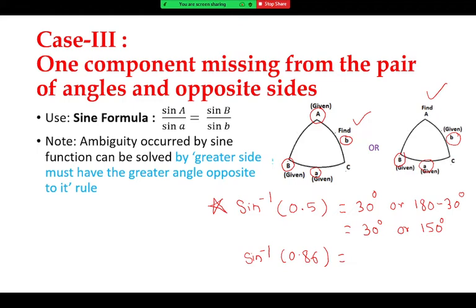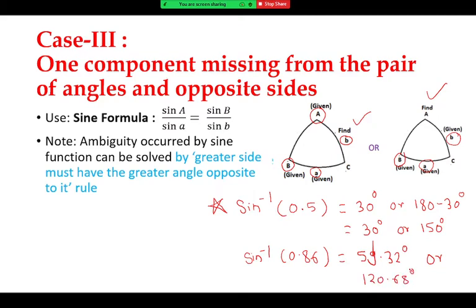It is 59 point something. The answer is 59.32 degrees. But this is not the only answer, as we discussed. Another angle is 180 minus that, which is 120.68 degrees.